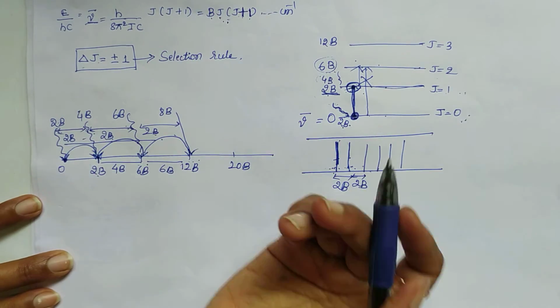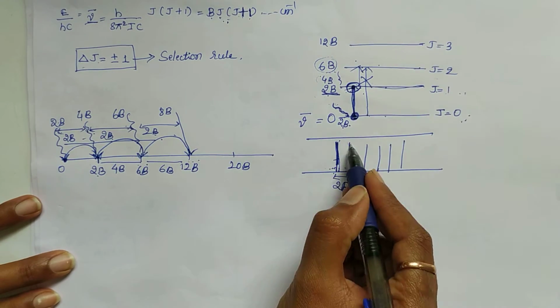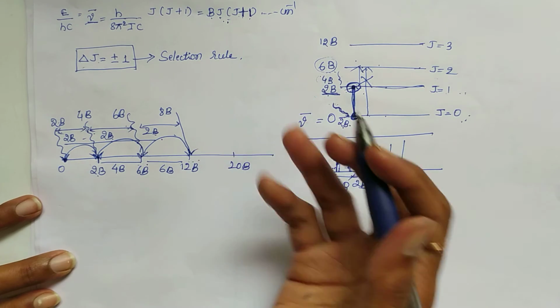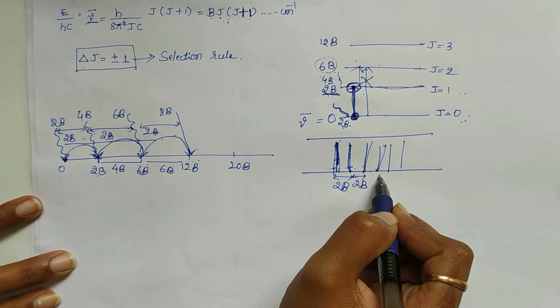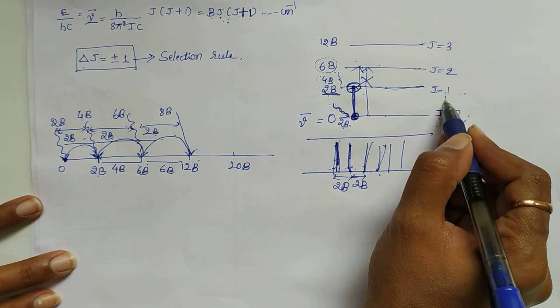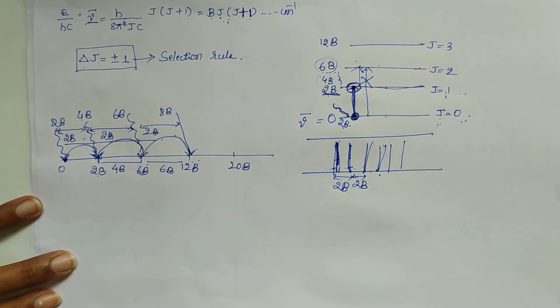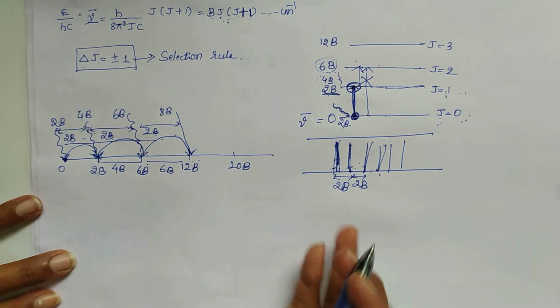When the molecule absorbs the radiation and goes to a higher energy state, only then will the lines appear, right? But there is a selection rule: the difference between the rotational energy levels should be plus 1 or minus 1, then only is the transition possible. If the transition is possible, then only are we able to get lines, otherwise not.